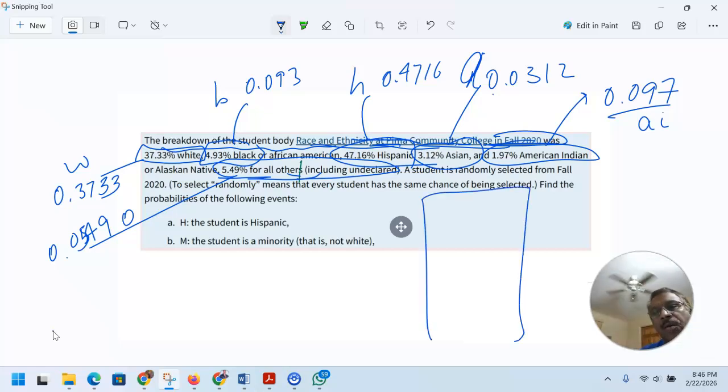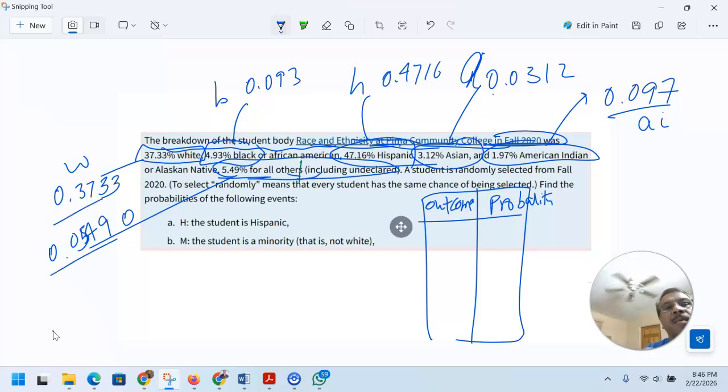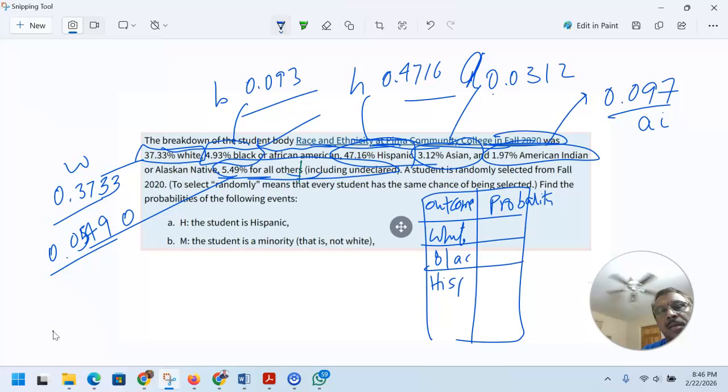So we can say outcomes and their probability. What does probability basically mean? They gave us that this itself is the probability. The first one is the white. Then we have the black, then the Hispanic, then we have Asian, then American Indian, and then others.